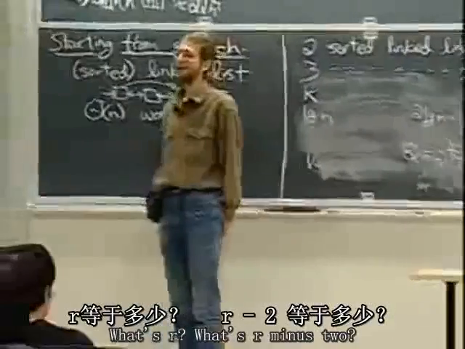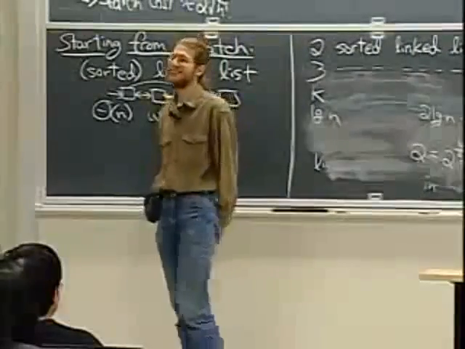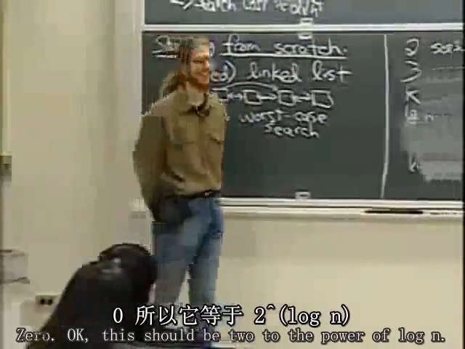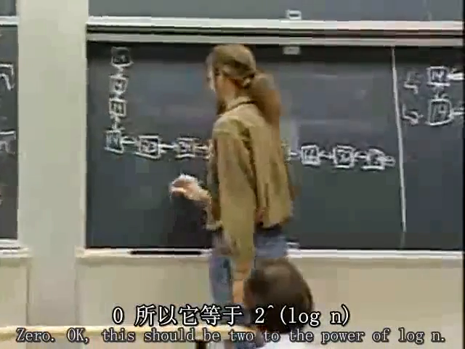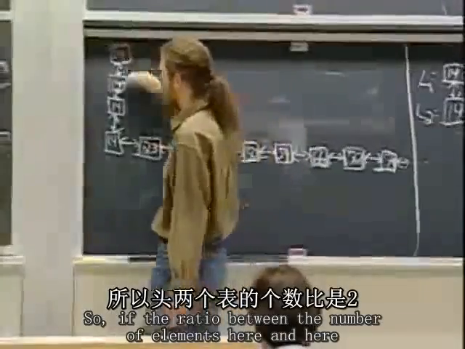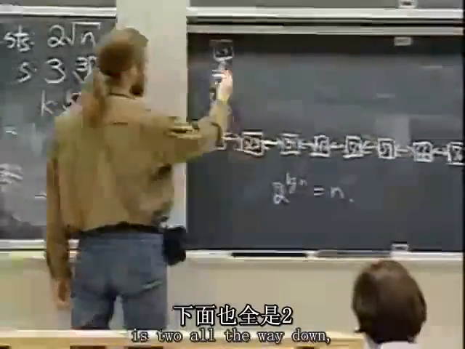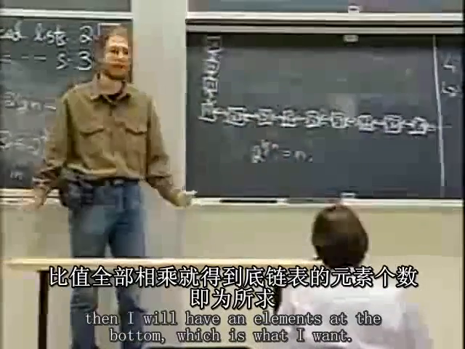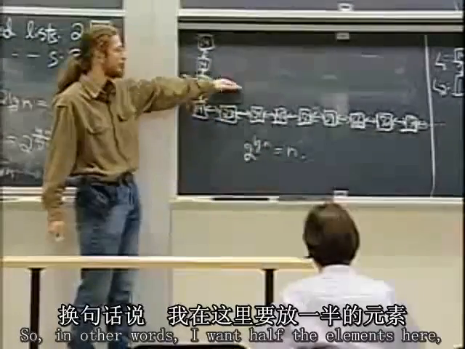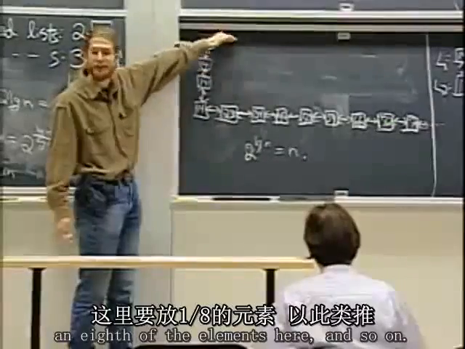What's r minus 2? 0. Okay, this should be 2 to the power log n. So if the ratio between the number of elements here and here is 2 all the way down, then I will have n elements at the bottom, which is what I want. So in other words, I want half the elements here, a quarter of the elements here, an eighth of the elements here, and so on.